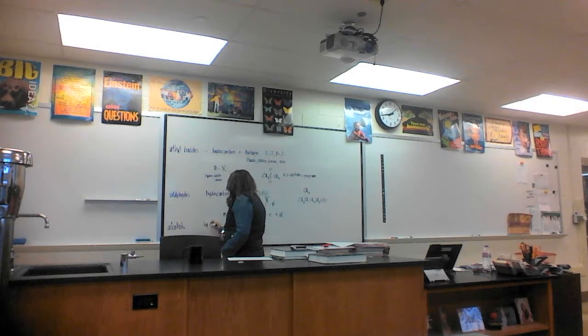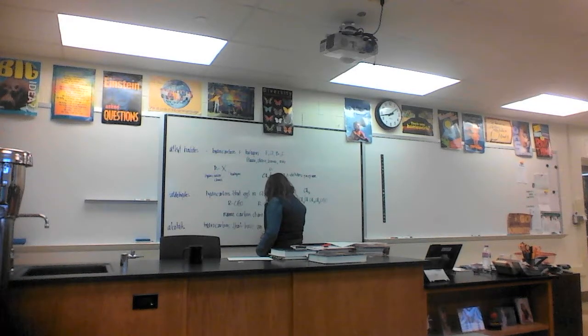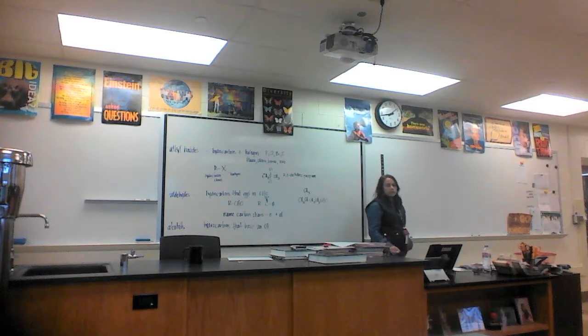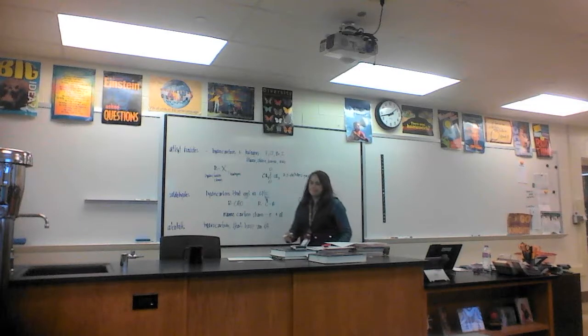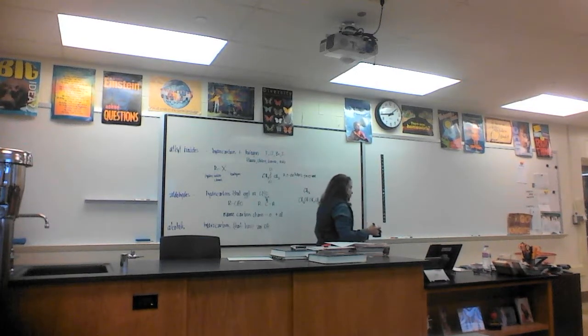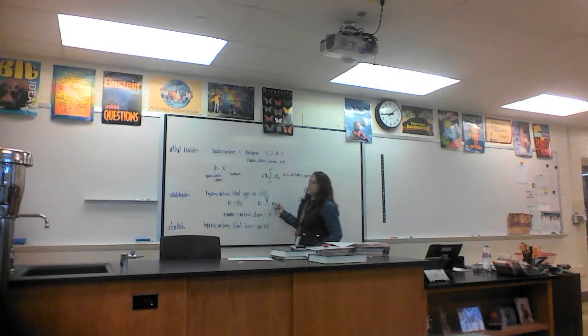Alcohols are going to be hydrocarbons that have an OH. So an OH. These work the same exact way as the other ones. This one you don't have to have a number with.